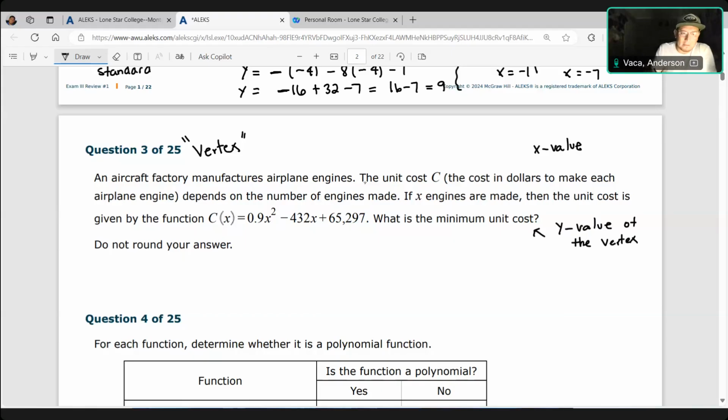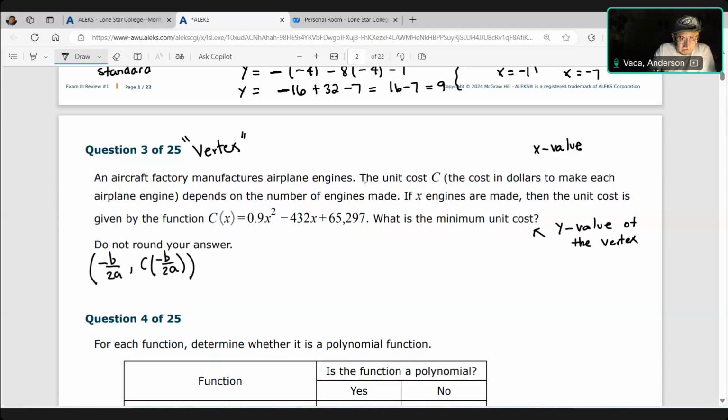All right, let's do this. The vertex will be negative b over 2a, and whatever that turns out to be, we'll plug into the formula. Let me use c in this case, since it has the name c.